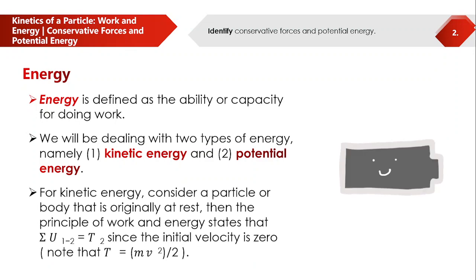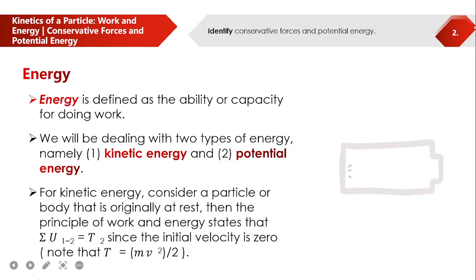Okay? So for kinetic energy, consider a particle or body that is originally at rest. For example, a ball at rest. Then the principle of work and energy states that the summation of the work by all the forces equals T sub 2, since the initial velocity is 0. Note that T is equal to mv squared over 2, or 1/2 mv squared.